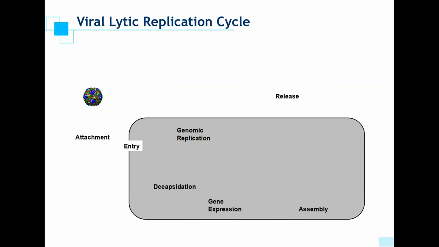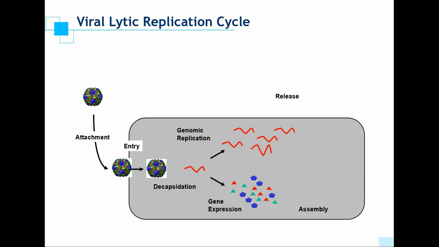So first, viruses have got to bind onto the host cell. They've got to find a way to get inside the host cell. There's no point in hanging around outside. And at some point, the virus genome has got to be released from the capsid. So this step is called decapsidation. Now in many viruses, entry and decapsidation occur at the same time.